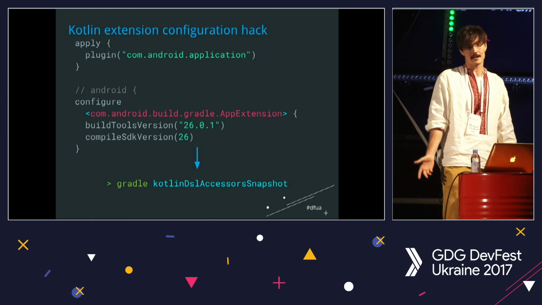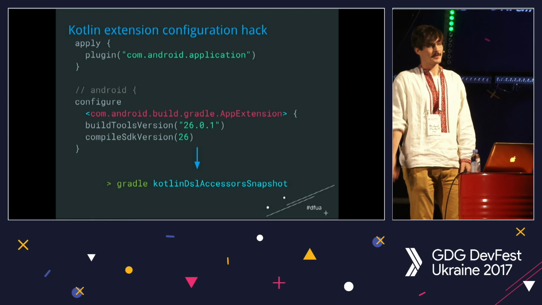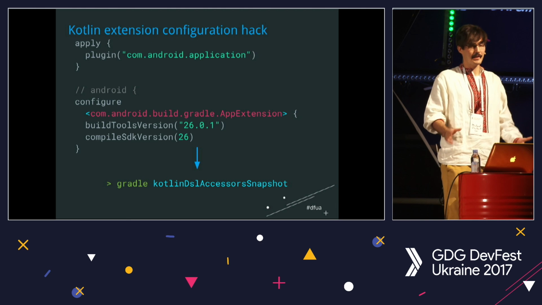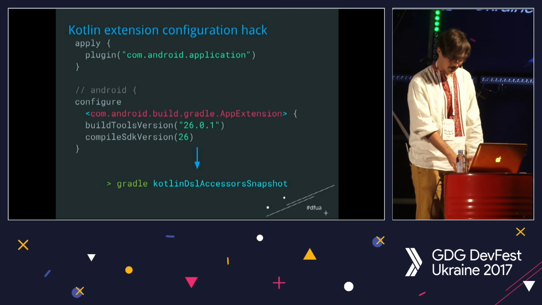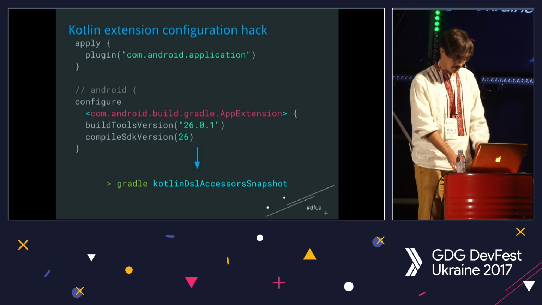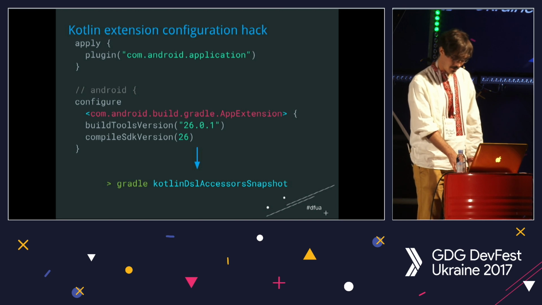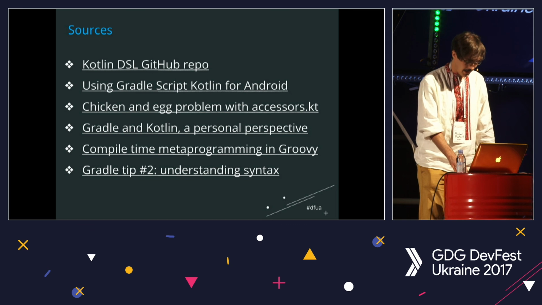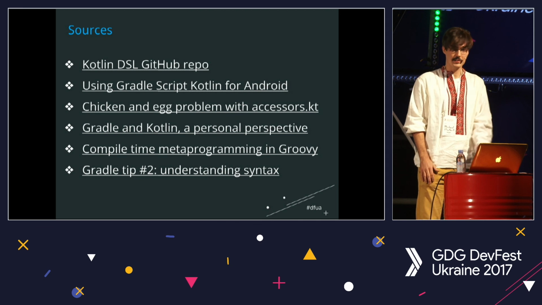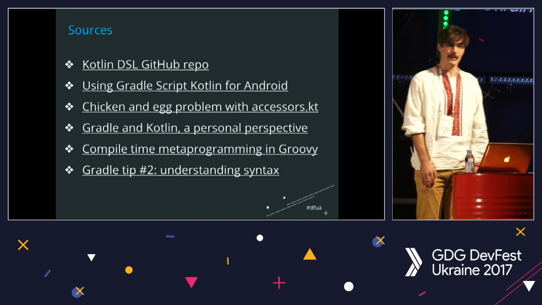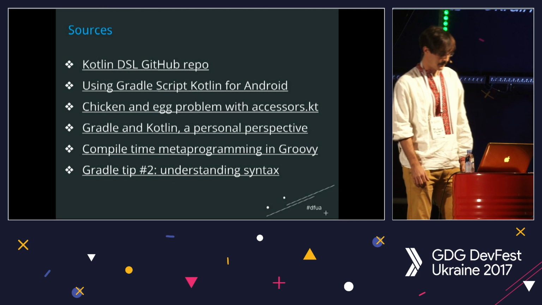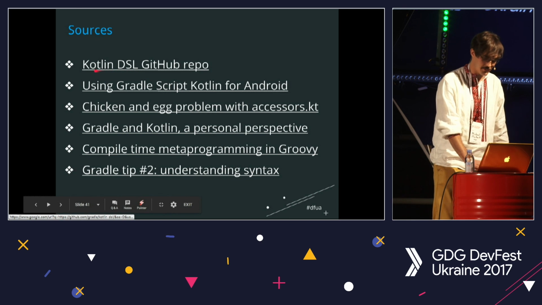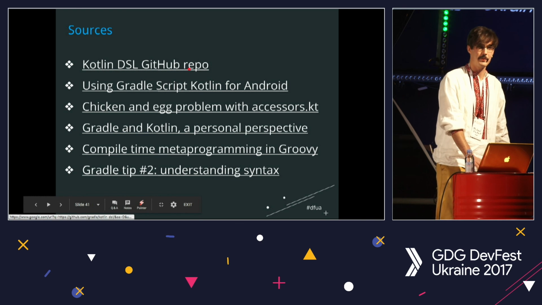So there is a screen with this ugly workaround. I hope that when the Android plugin is remade a little bit, we will not use it, but for now we should. And these are the sources that I used in my presentation. The most interesting one is the first one, the Kotlin DSL GitHub repo.